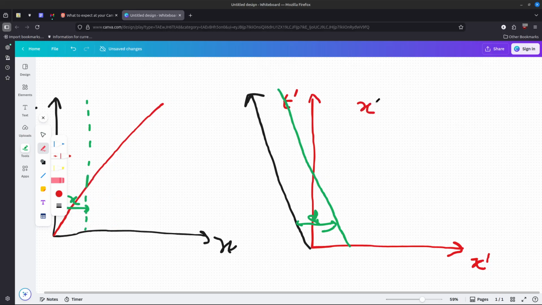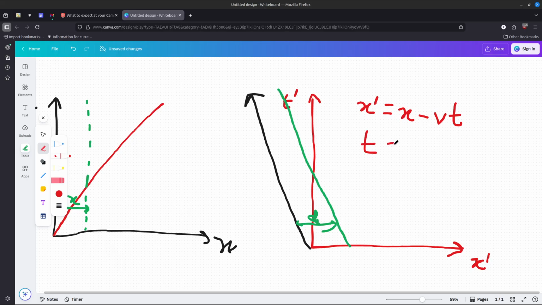Their position through time is going to be the same as the position it was back here, and because this guy was moving with a velocity of v, but now in their point of view they're moving in the opposite direction, that position is going to be minus v times t.